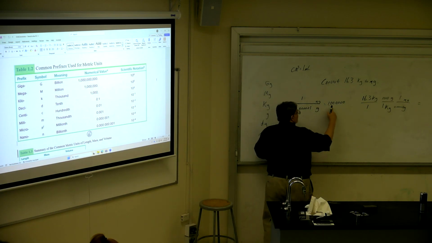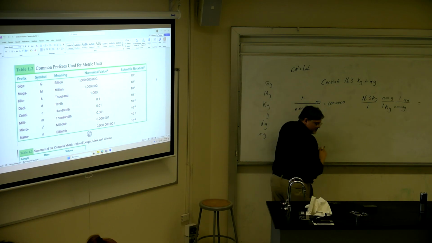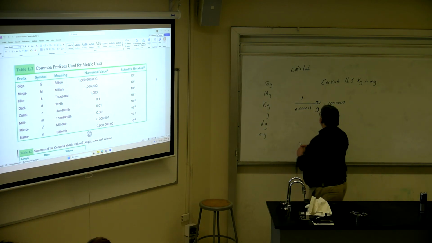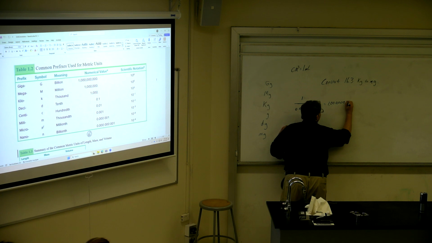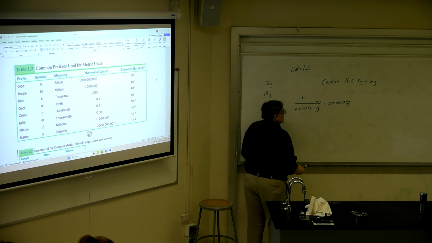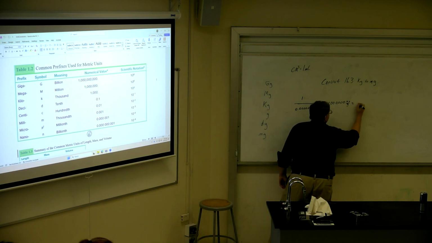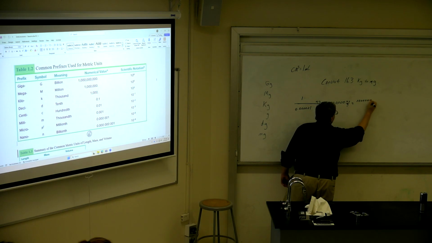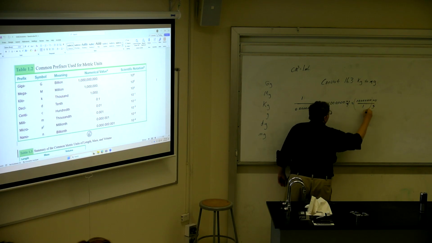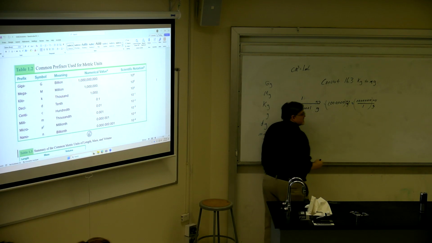And notice that's the same thing. Get this out of the way for a second. Micrograms per gram, I could write it that way. But numerically, that's the same thing as 1,000,000 micrograms over 1.